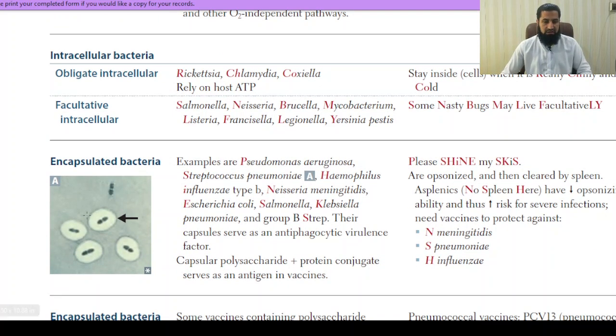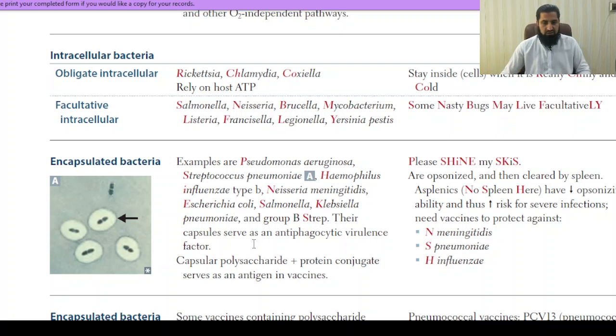Other bacteria are encapsulated bacteria. These bacteria contain an outer capsule structure, so that's why they are called encapsulated bacteria. Examples are Pseudomonas aeruginosa, Streptococcus pneumoniae, Haemophilus influenzae type B, Neisseria meningitidis, E. coli, Salmonella, Klebsiella pneumoniae, and group B Streptococci.